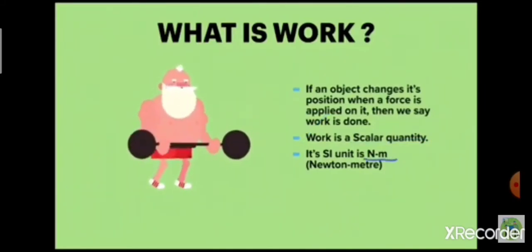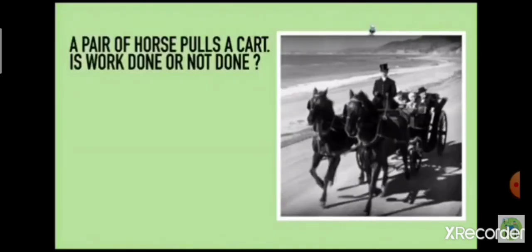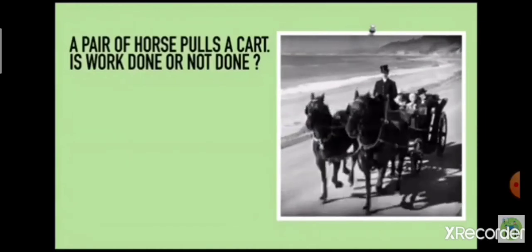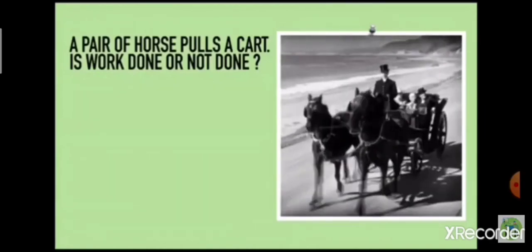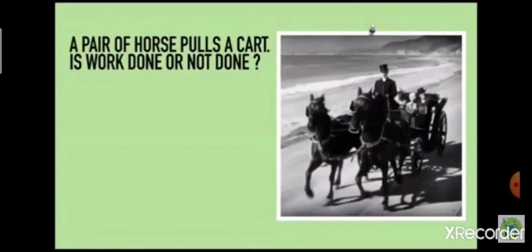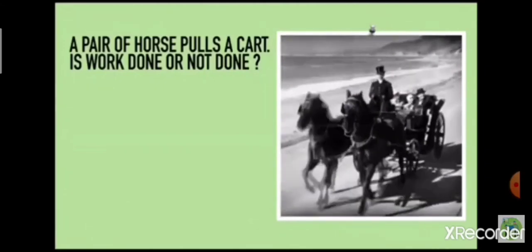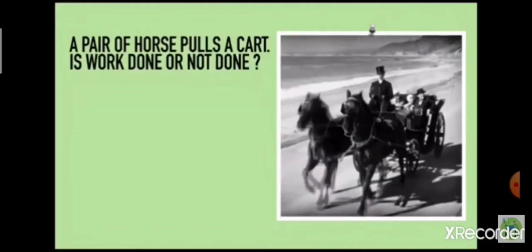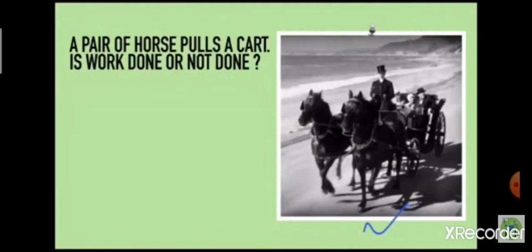Now there is one video. In this video, a pair of horses pulls a cart. So your question is, is work done or not done? According to this video, 2 horses are pulling the cart. In this picture, who is applying force? The horse is applying force.